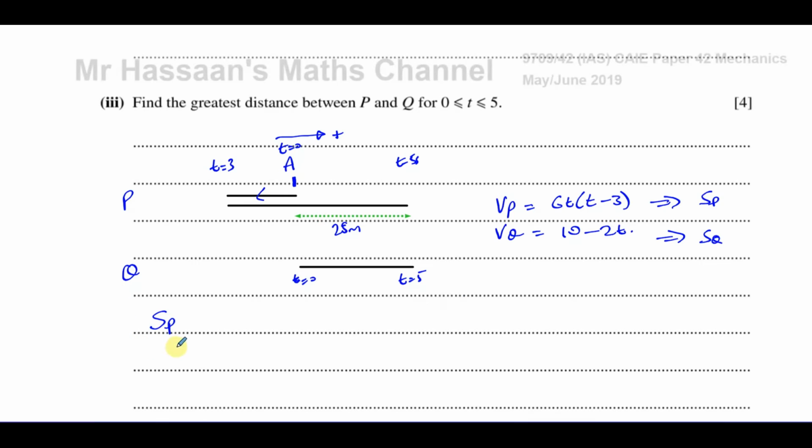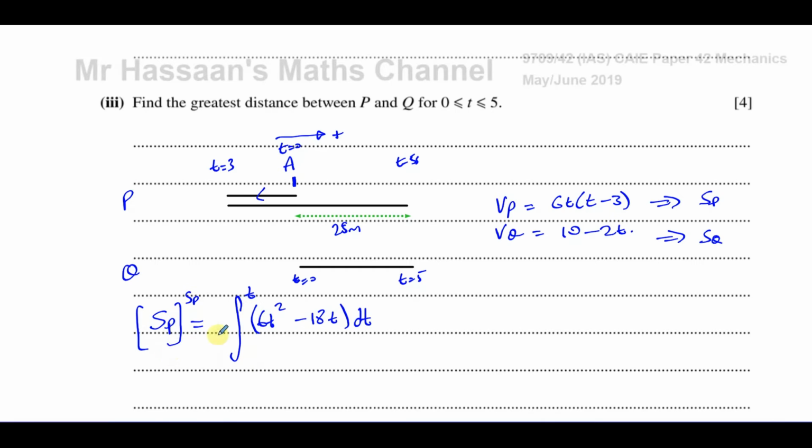Now, the displacement of P is found if we integrate the expression for P, which is 6t squared minus 18t with respect to t, which we actually already did there. But I want to find what sP is in terms of t.